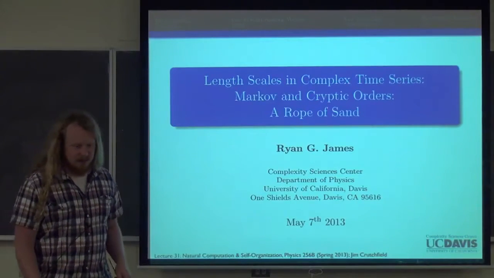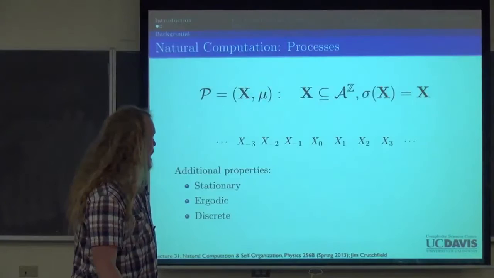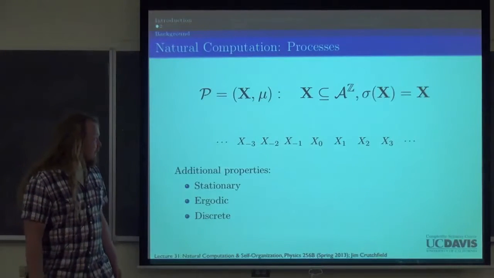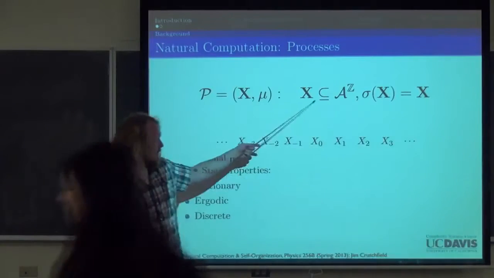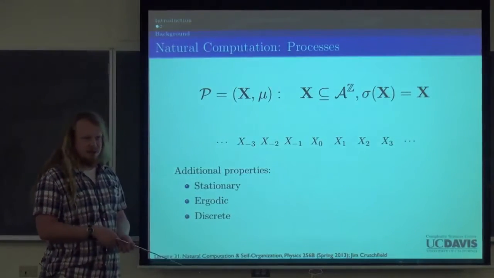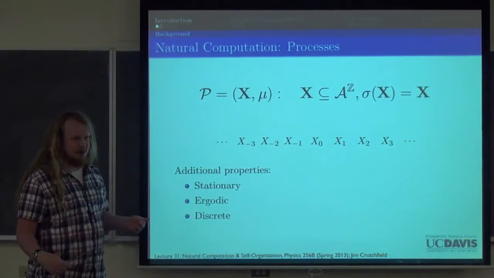We'll detail what's lacking at each level and what's improved when we get to the next level. So just for background's sake, you all know what a process is already, but essentially it is a shift space endowed with a shift invariant measure, which is exactly what you've already learned. It's infinite strings with probabilities attached.